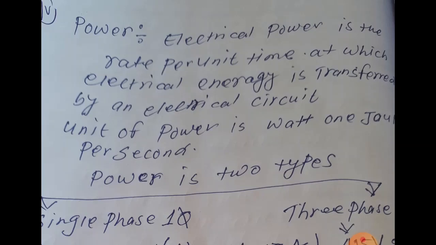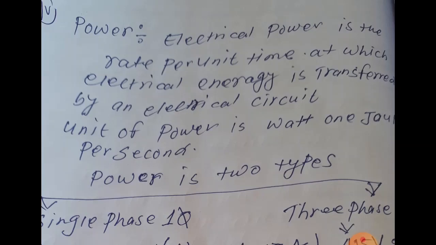Electrical power is the rate per unit time at which electrical energy is transferred by an electrical circuit. The unit of power is the watt, or joule per second.